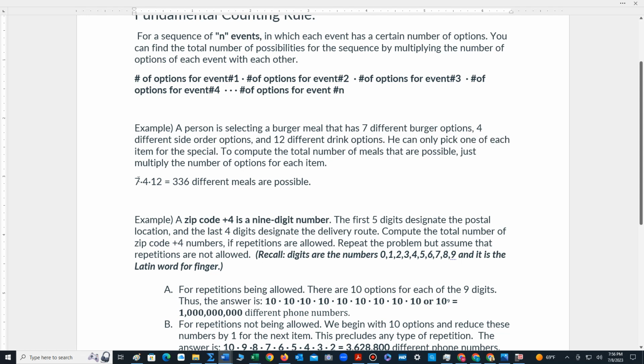So we have 7 burger options times 4 side order options times 12 drink options. That's going to give us 336 different meals that are possible.